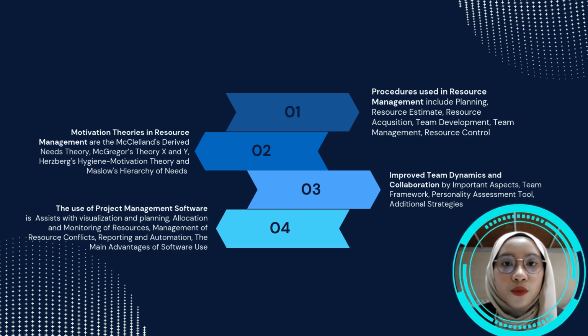Lastly, the use of project management software assists with visualization and planning, allocation and monitoring of resources, management of resource conflicts, reporting, and automation, as well as the main advantages of software use.